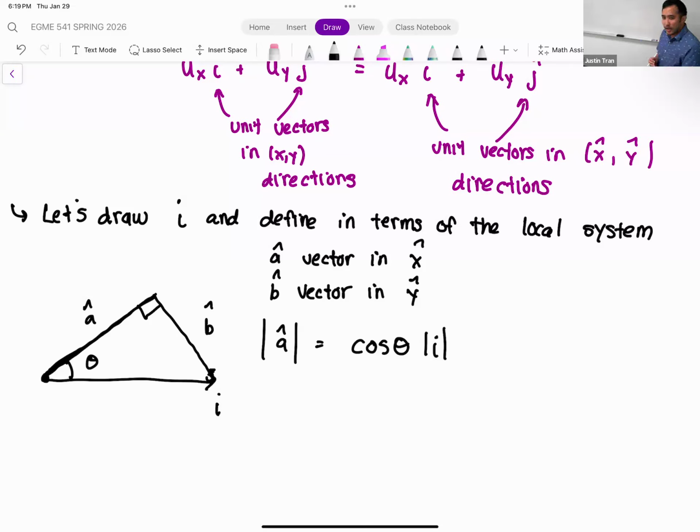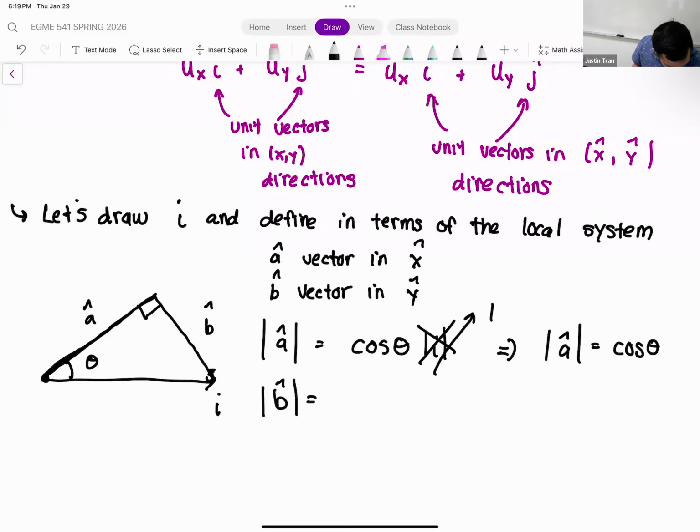So the length of A is going to be equal to the length of I multiplied by cosine of theta. But we know the length of I is just 1. So in other words, the length of A hat is simply just going to be cosine of theta.